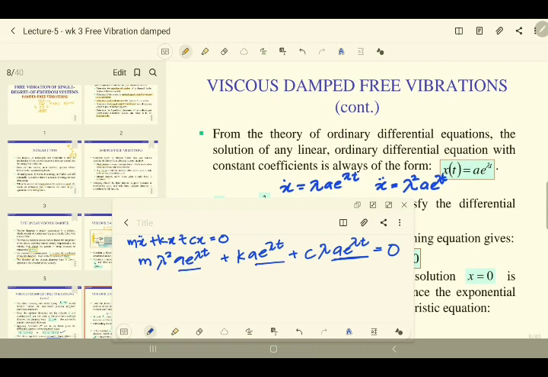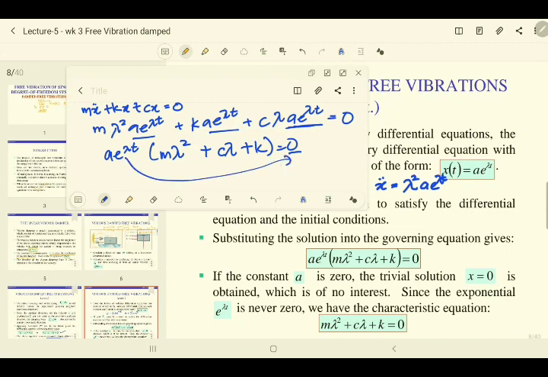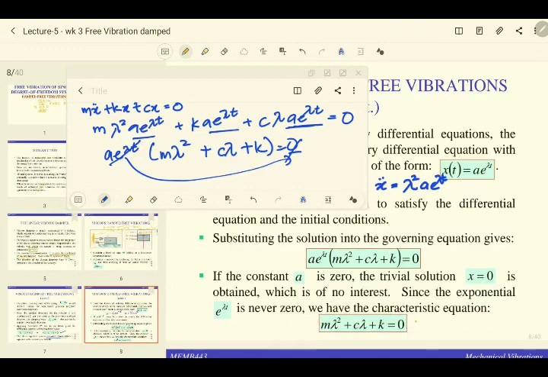So you can put all the terms together, so it will become A e to the lambda t, then you would have m lambda square plus c lambda plus k equals to 0. You can divide 0 by this term, because 0 divided by something is equal to 0, so you cancel it out and basically have this equation here.